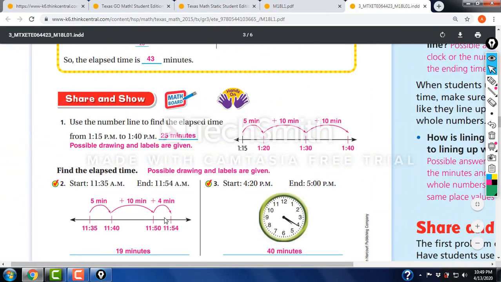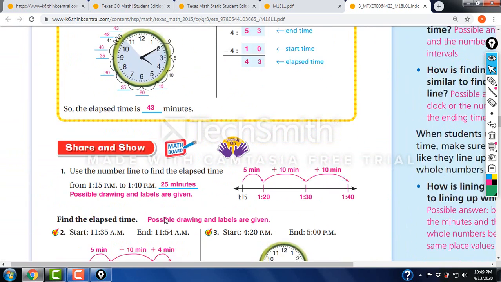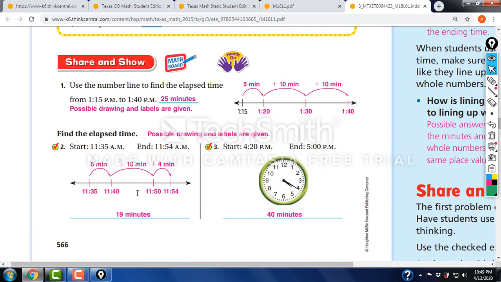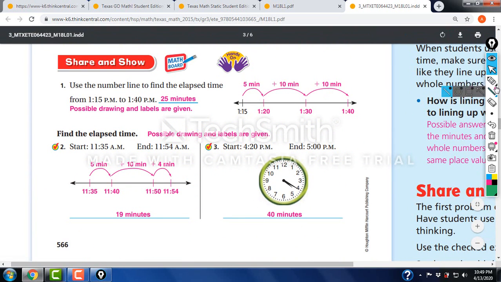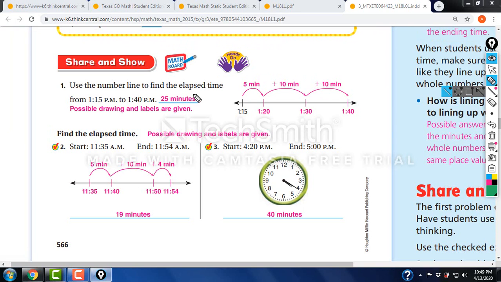And if you take a look right now, we did the analog clock here. We're looking at 1, 2, and 3. So we started with, use the number line to find the elapsed time from 1:15. So we start with 1:15, and we're going to end at 1:40. So in order for us to start, we have to start from 15, and we go to the closest 10. And that's 20. And that jump is 5 minutes.